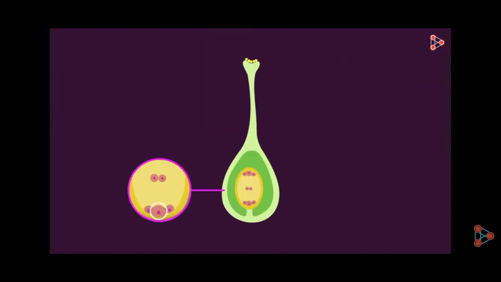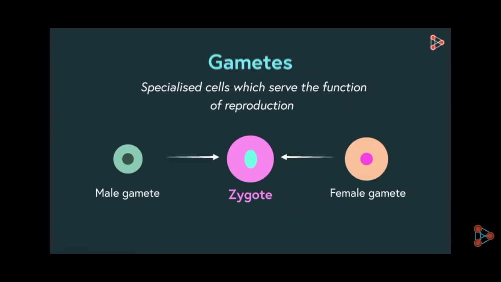The male gamete fuses with the female gamete to form a zygote. So, by the way, what is a gamete? It is a specialized cell which serves the function of reproduction.